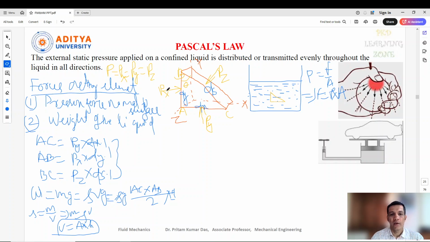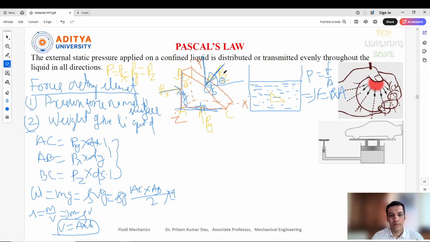Now see, one pressure force acts perpendicular to this surface along the y-axis, that is the horizontal condition, and there is the vertical condition. But one more pressure acts here, which is inclined to this object. Let's consider the inclination to be theta, and this pressure force we need to resolve.